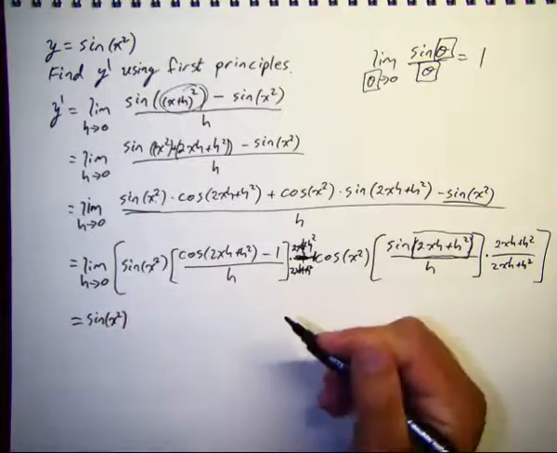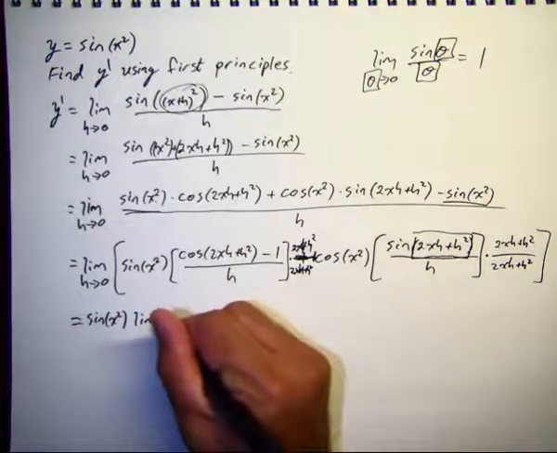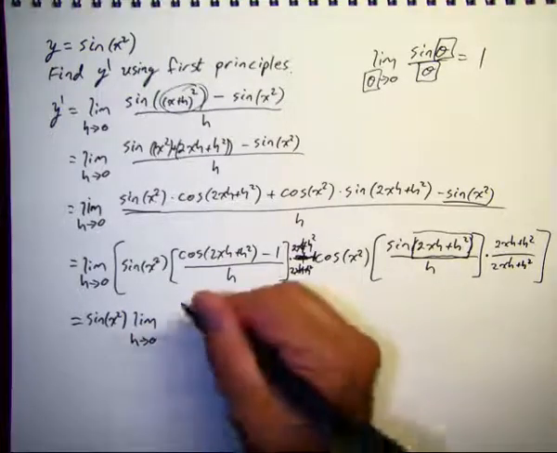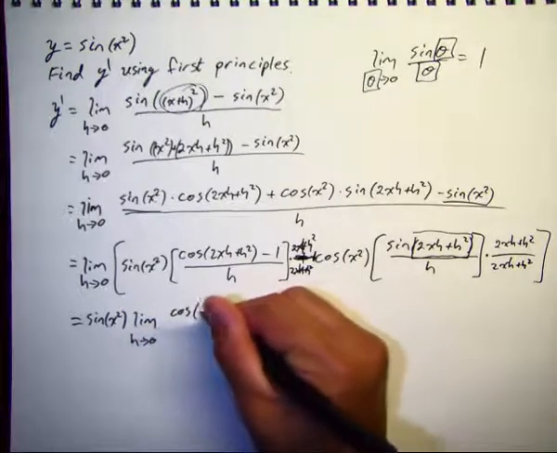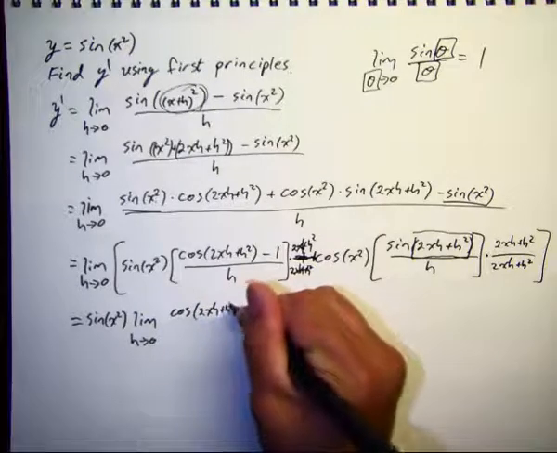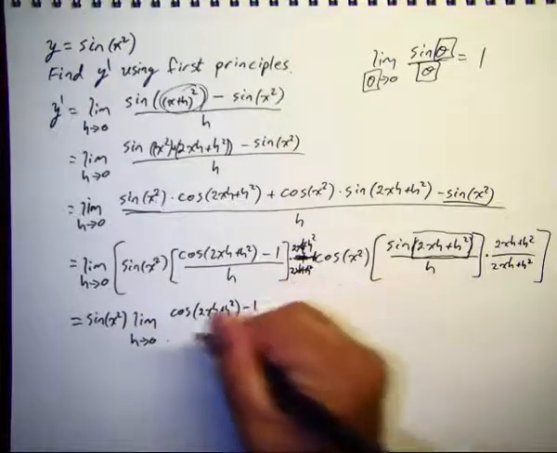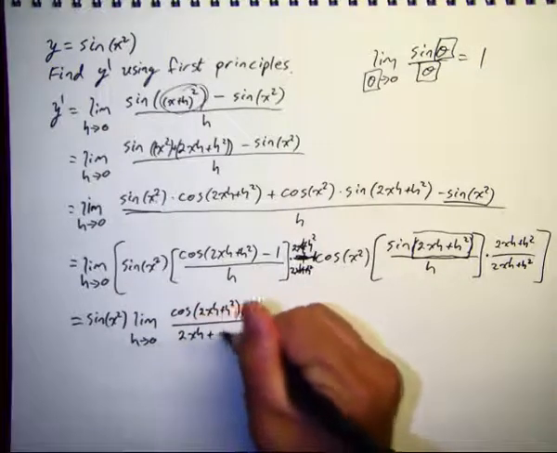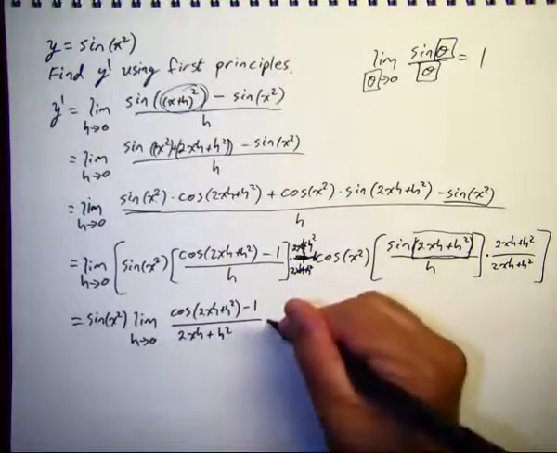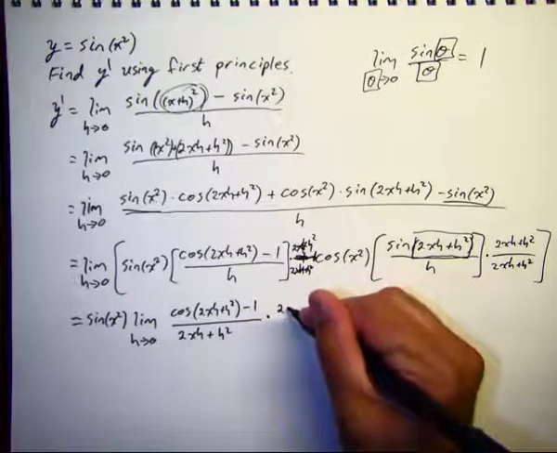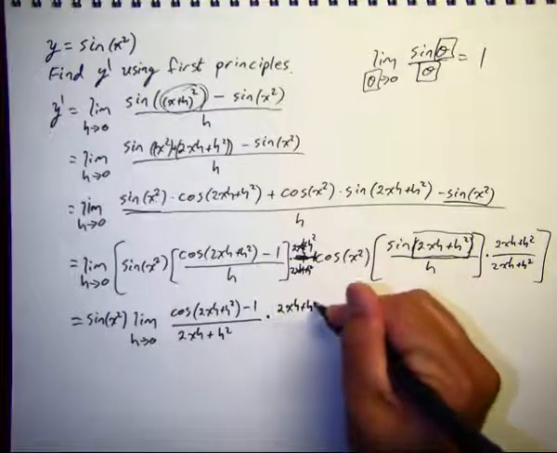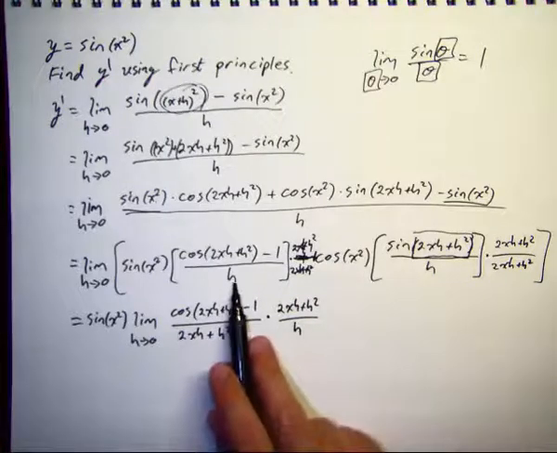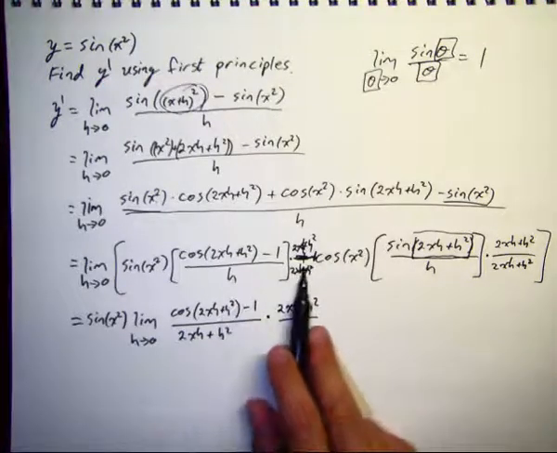So sine x squared times the limit as h goes to 0 of cos of 2xh plus h squared minus 1, over 2xh plus h squared, times 2xh plus h squared over h. All we're doing is switching the order in which we write these guys.